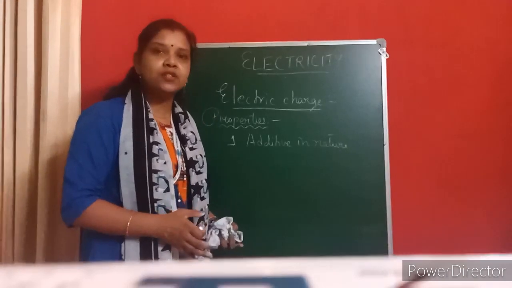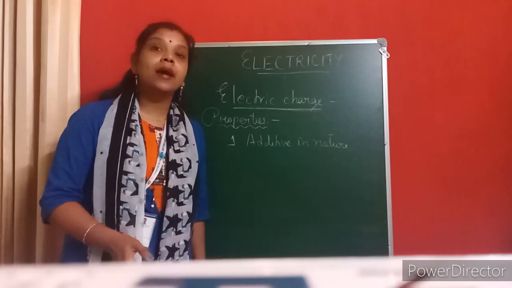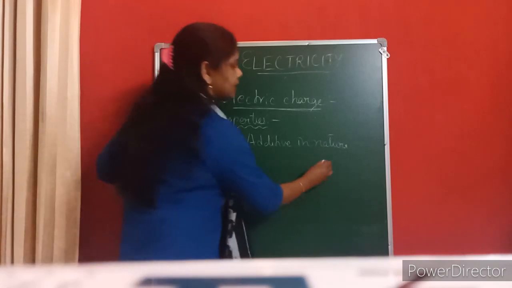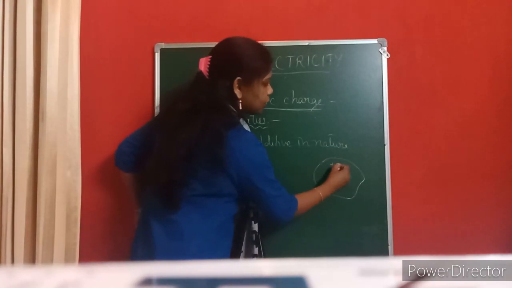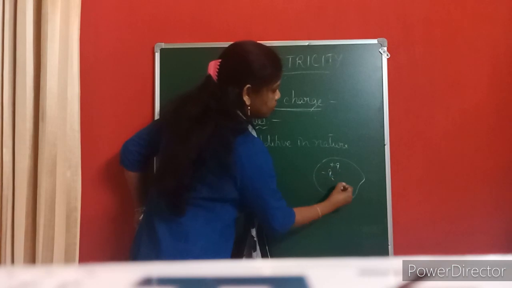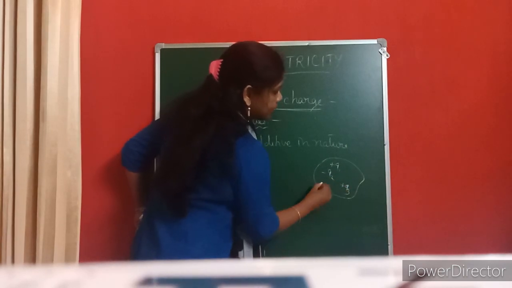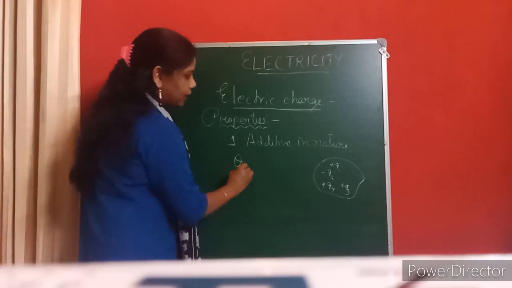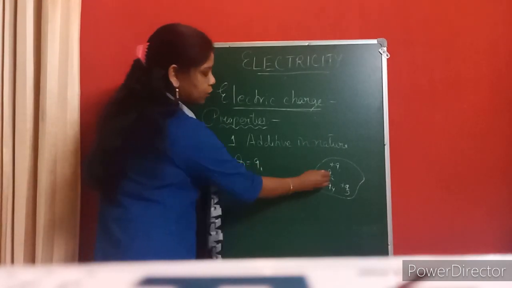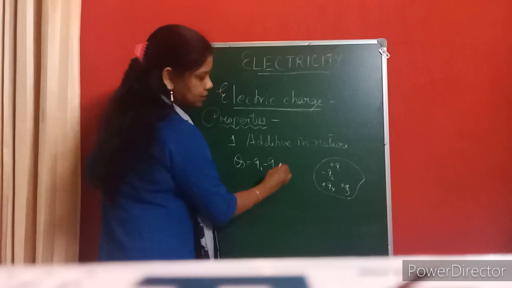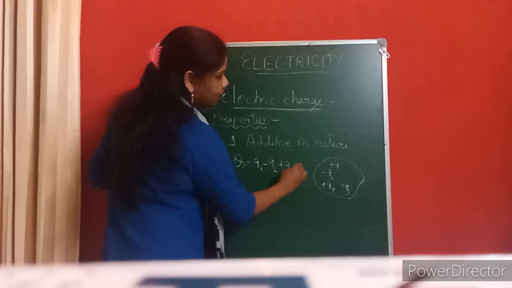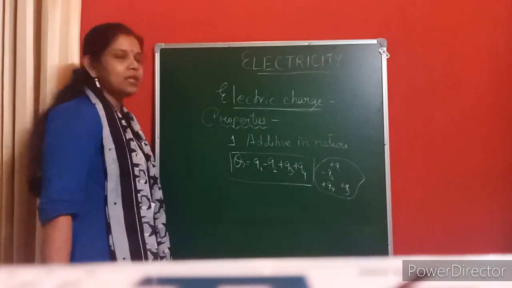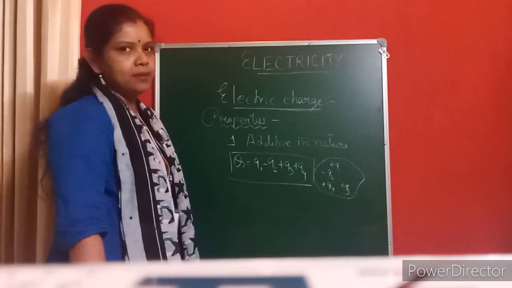To find the total charge of a body, we have to add all the charges on it. Suppose this body has plus Q1, minus Q2, plus Q3, plus Q4. Then the total charge is Q equals Q1 minus Q2 plus Q3 plus Q4. If the values are given, put in the values and you will get the answer.